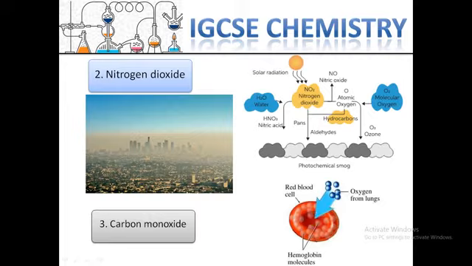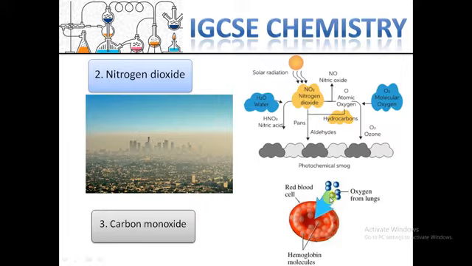When we are breathing, we receive oxygen. Then hemoglobin in our blood can react with the oxygen and carry it to the body, the other tissues or other parts of the body. But if there is carbon monoxide in the atmosphere, when we are breathing, we receive both oxygen and carbon monoxide.